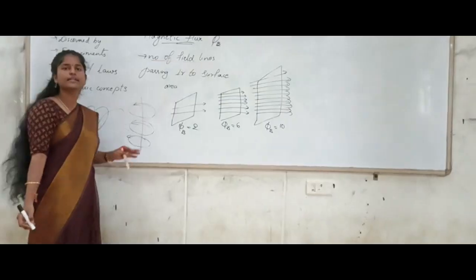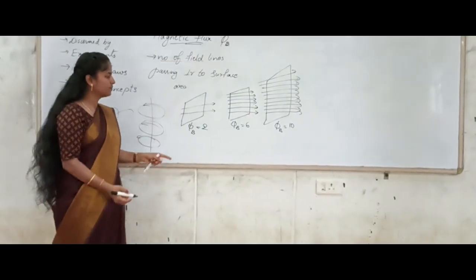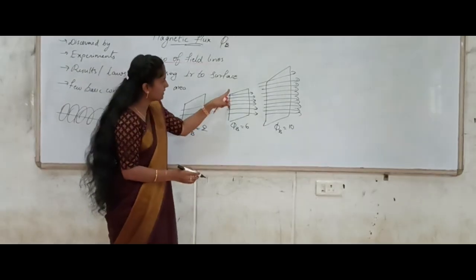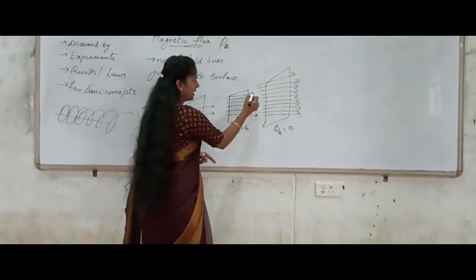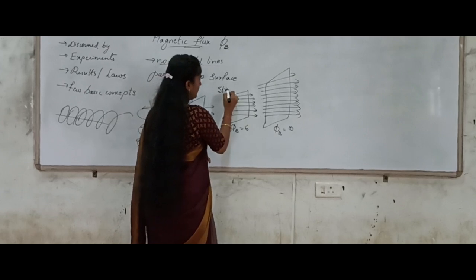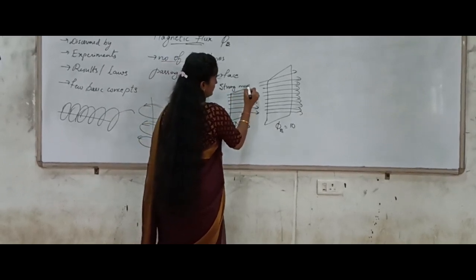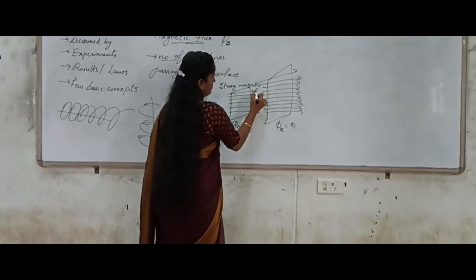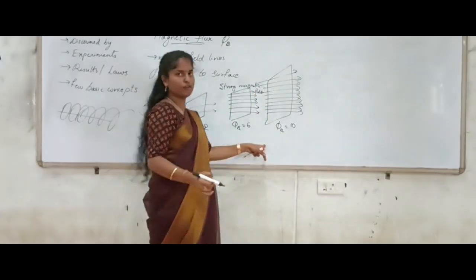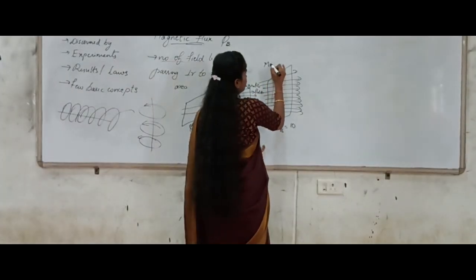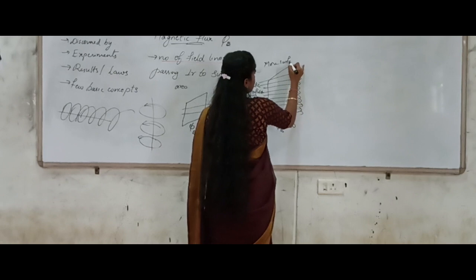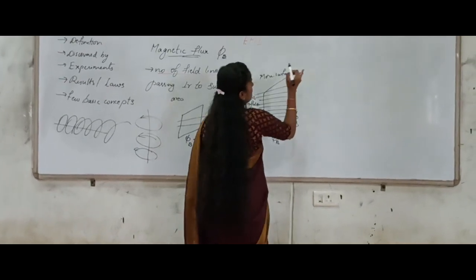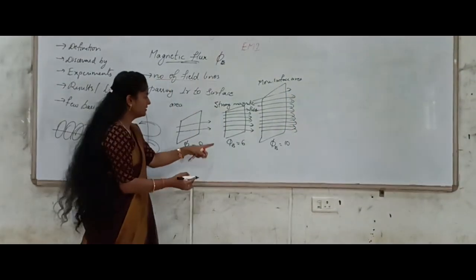Based on these three diagrams, what we observe is that flux is directly proportional to the magnetic field. Here what have we taken? A strong magnetic field. Here what have we taken? More surface area. Now what can we say?